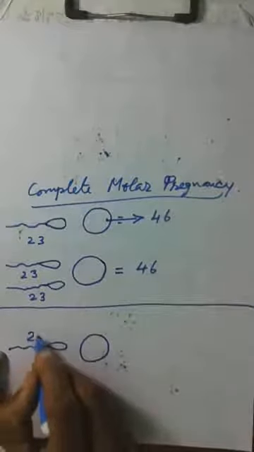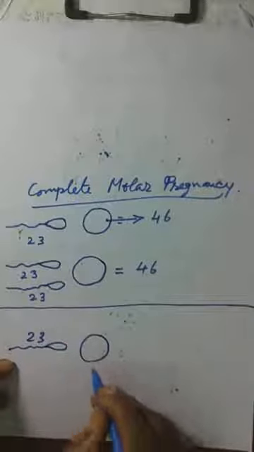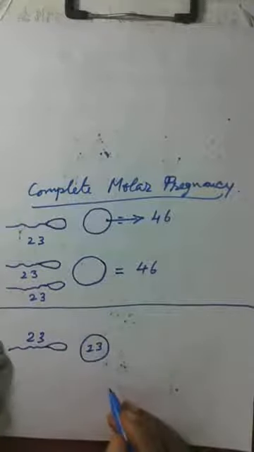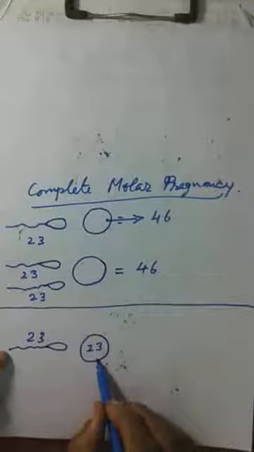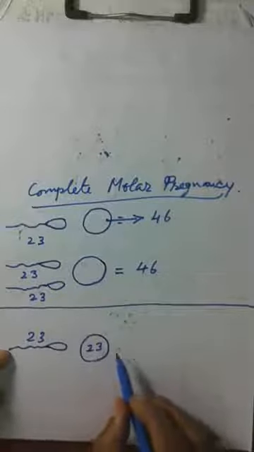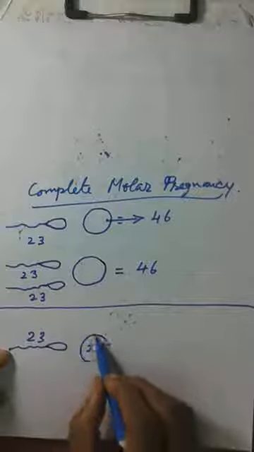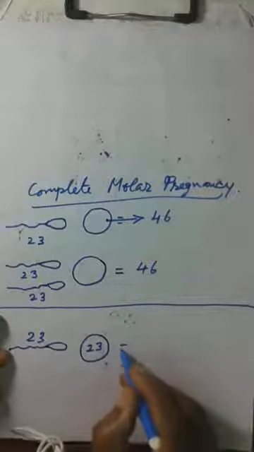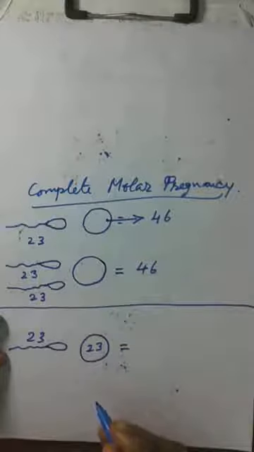This is 23 chromosomes and this also has 23 chromosomes. This will join, but unfortunately this is not going to the fully matured zygote.